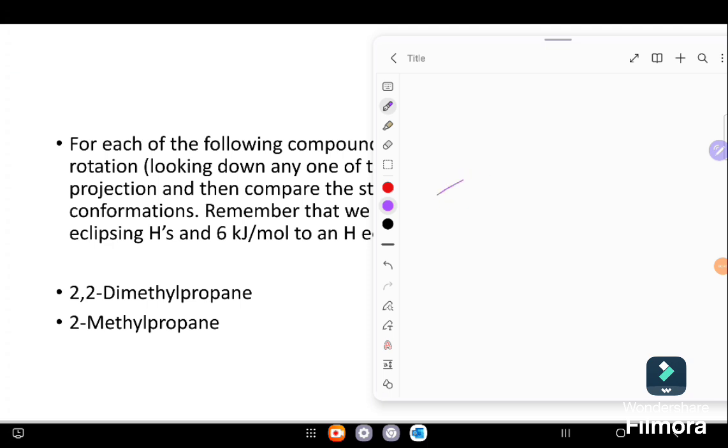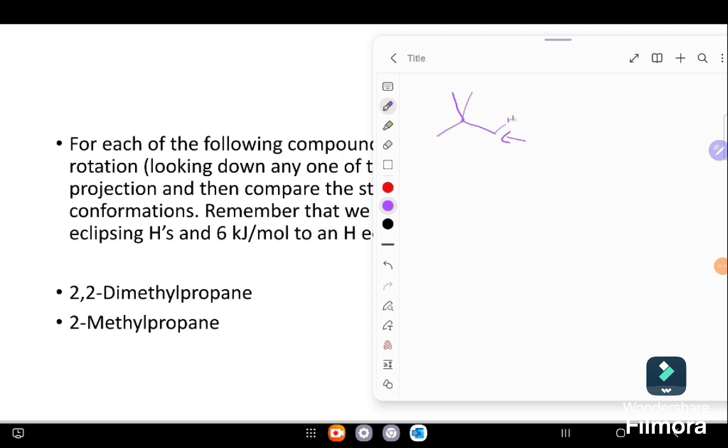We'll do 2,2-dimethylpropane. So if we draw a propane molecule, to get 2,2-dimethylpropane, we'll put 2 methyl groups on the second carbon there. And it says we can look down any one of the carbon-carbon bonds. So we're going to look down the carbon-carbon bond here and draw a Newman projection for the view that we would see there.